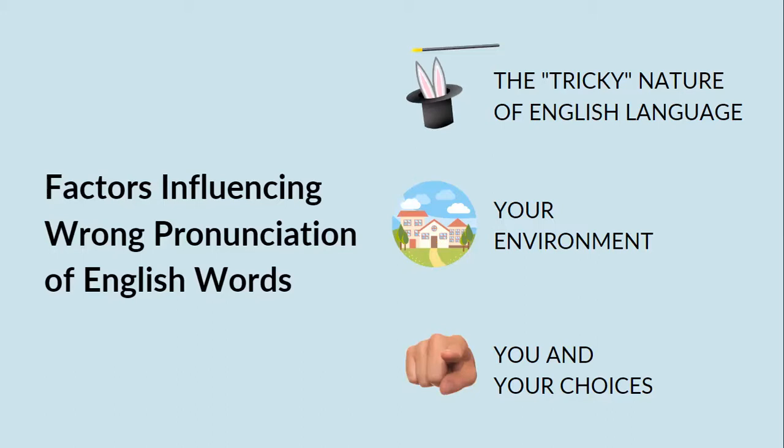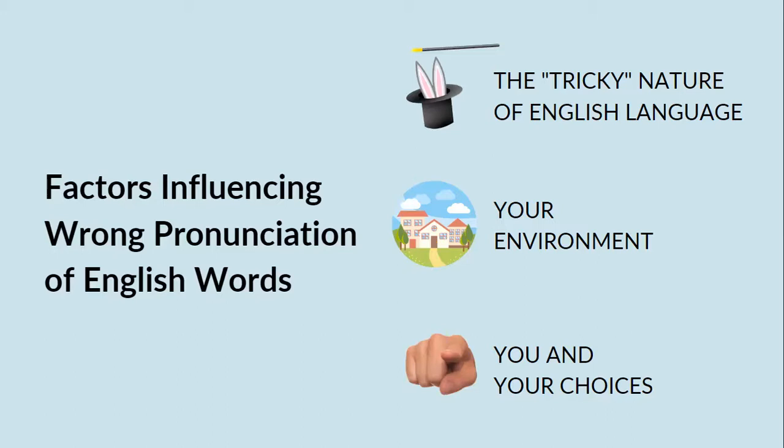If you live amongst people who do not consciously pronounce English words correctly, you'd most likely mispronounce words like them, or the words that they mispronounce frequently. And if you're living in an environment that is not predominantly English speaking, definitely you would be mispronouncing a whole lot of words. So your environment has a huge impact on whether or not you do a number of things right.